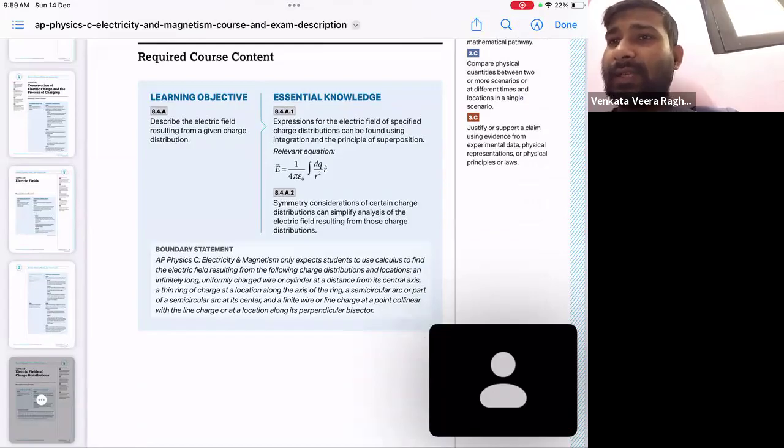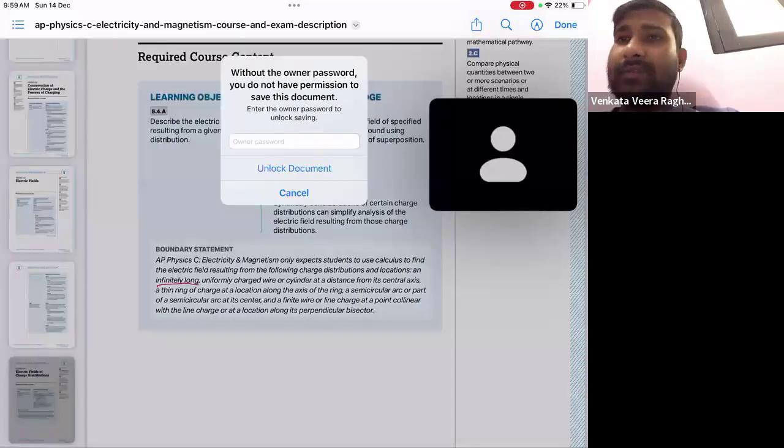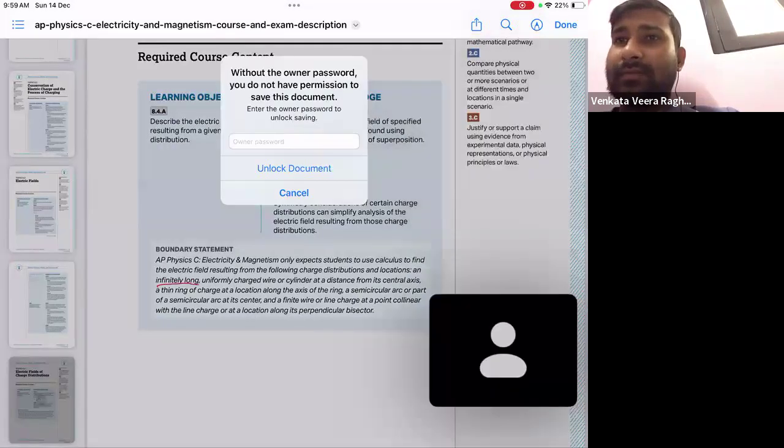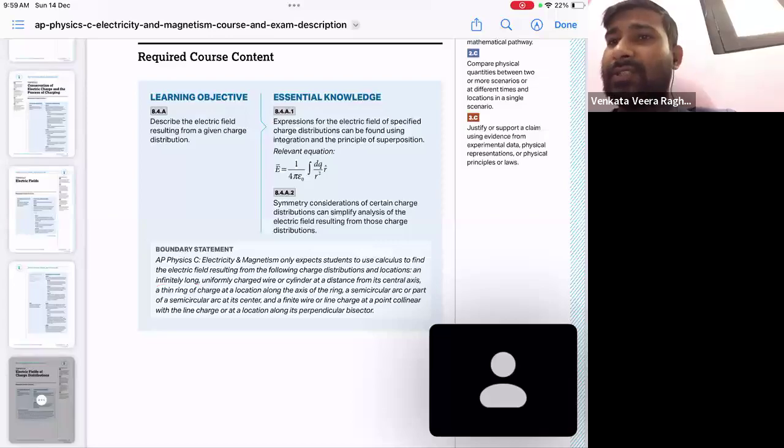See that, we only expect calculus to find the electric field of an infinitely long, uniformly charged wire, cylinder at a distance on the central axis, thin ring on the axis, semicircular arc or part of a semicircular arc, finite wire or line at a point charge, line charge at a point collinear with the line charge, and along its perpendicular bisector.